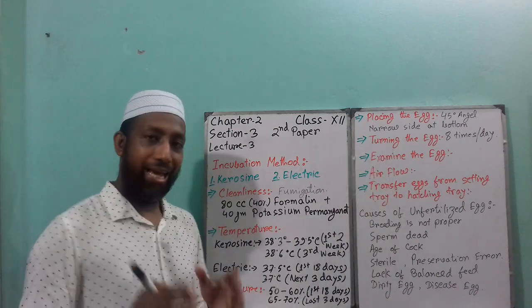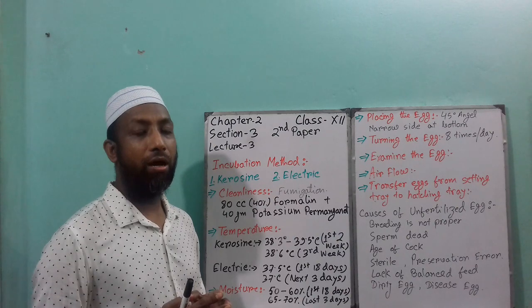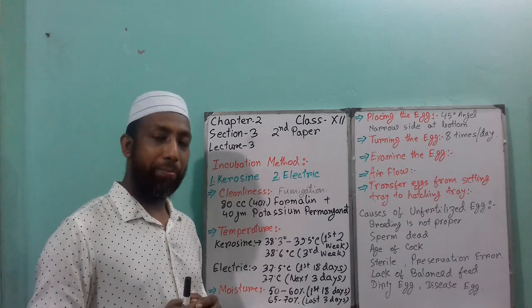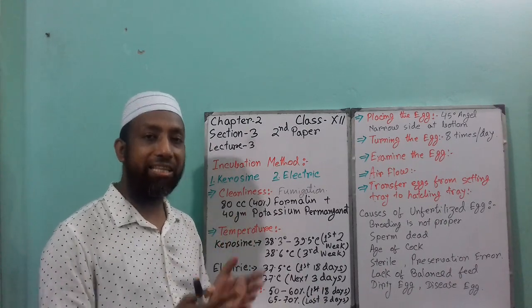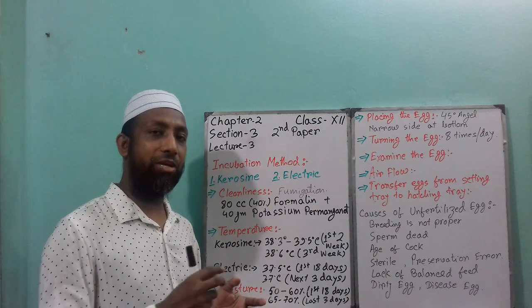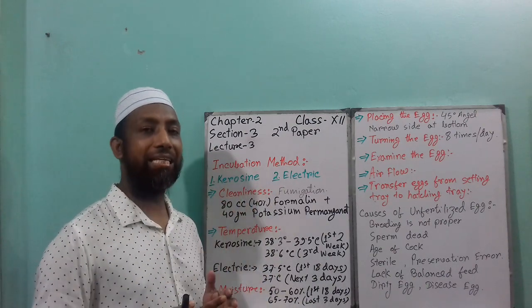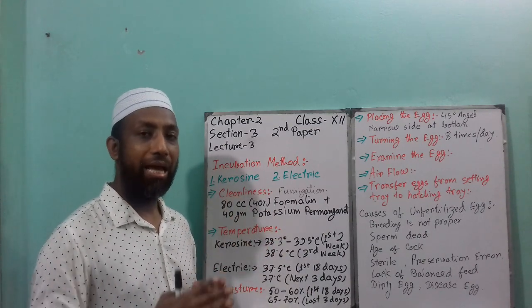Next is turning the egg. Every day you have to turn the egg 8 times, because you have to ensure that all sides get the temperature properly. Otherwise, if you do not turn the egg, all sides will not get the temperature accordingly.